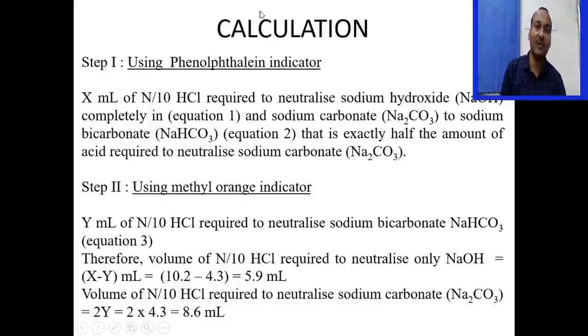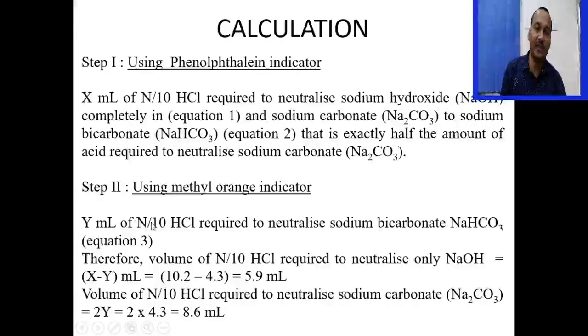So now let's talk about the calculation. Using phenolphthalein indicator, let's say x ml of N/10 HCl is required to neutralize sodium hydroxide completely, as in equation 1 that we already discussed, and sodium carbonate to sodium bicarbonate in equation number 2, that is exactly half the amount of acid required to neutralize the sodium carbonate. In the second step we used the methyl orange indicator.